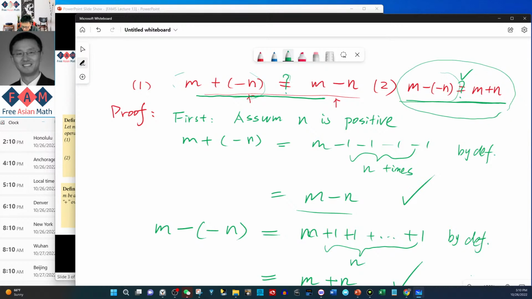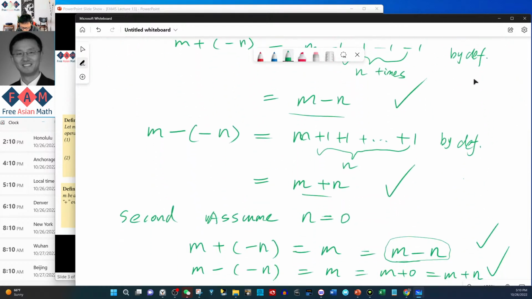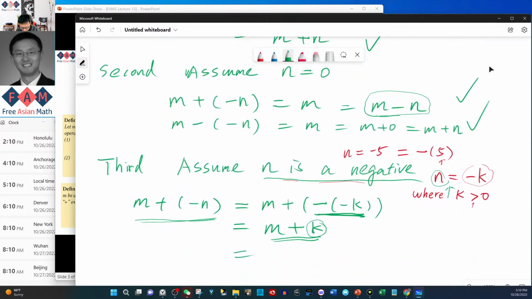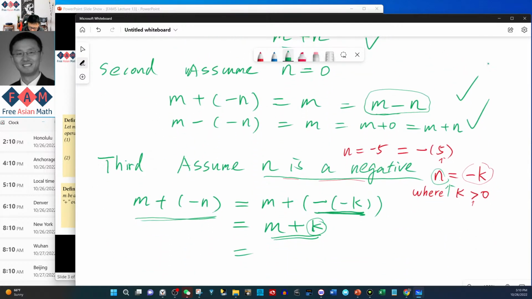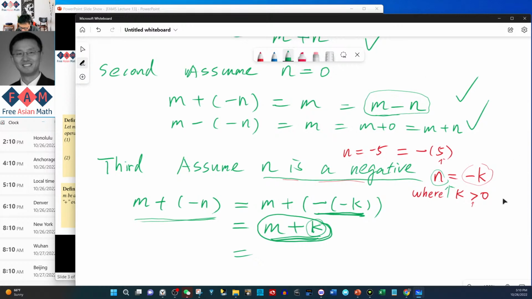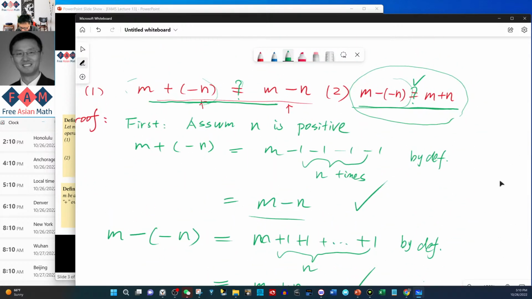In other words, the version we try to prove, m plus a negative n, is exactly the same as what we did just here. Remember, what is this?